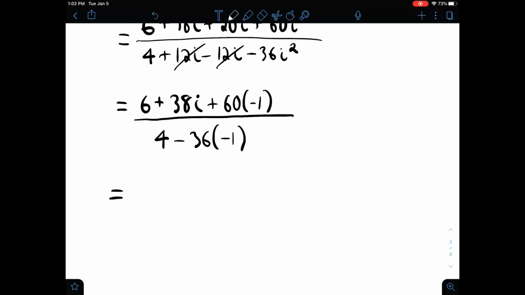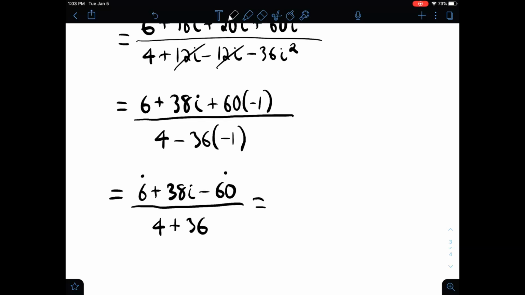Okay, keep going. So we have 6 plus 38i minus 60 over 4 plus 36. And then these are like terms on top here. 6 minus 60 is negative 54 plus 38i over 40.